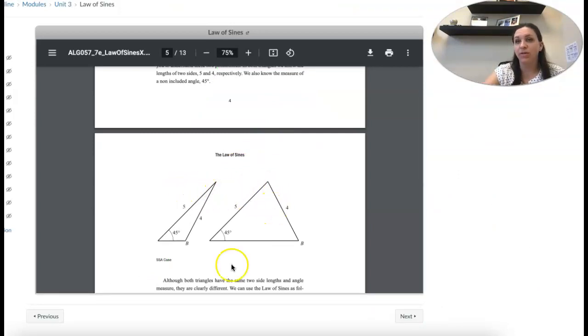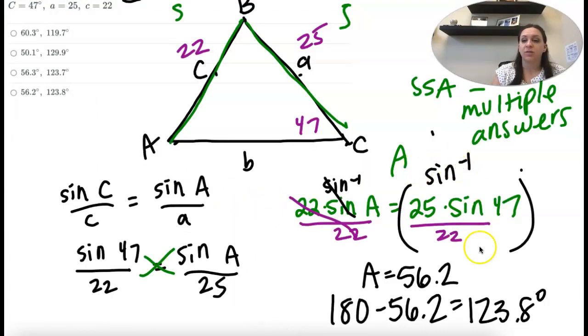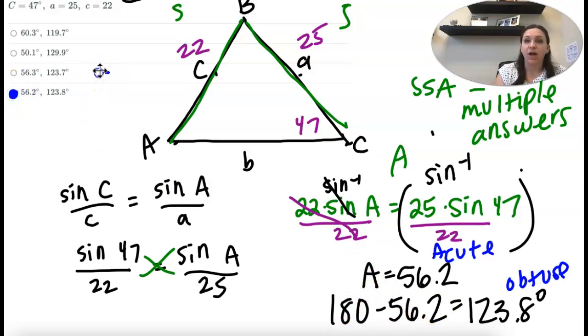And we're finding both of those possibilities, right? So there's always going to be our acute angle, that's one we usually find first, and then the obtuse by subtracting from 180. You guys, if you round at all, you're going to get the wrong answer, so do not round until the end.